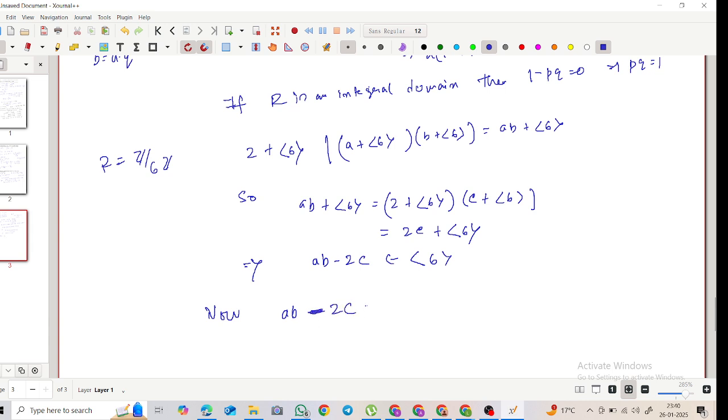So AB minus 2C is equal to 6K for some K belonging to Z, which is AB equals 2C plus 6K, right?